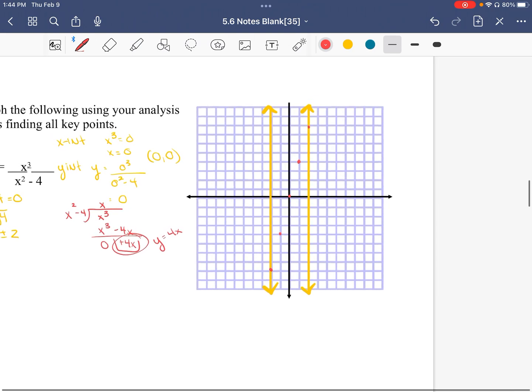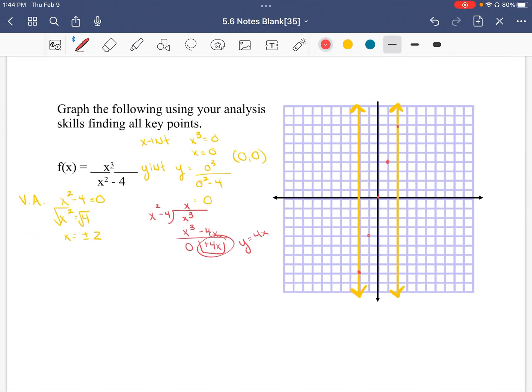Nope, I'm a silly goose. That is not what we have. That is not our asymptote. This is our asymptote. Just kidding. I knew something looked off. What a beautiful thing. So, there is our oblique asymptote.